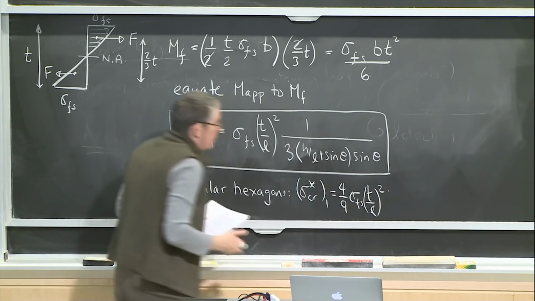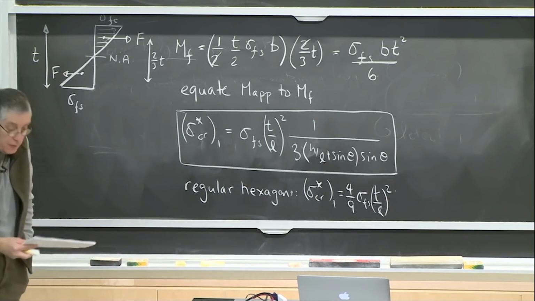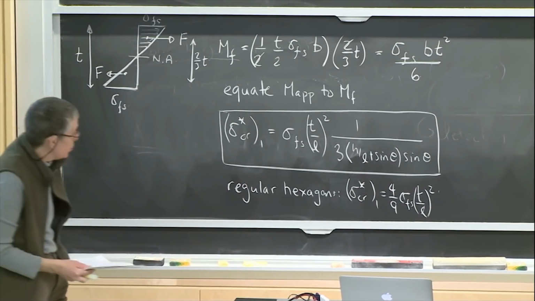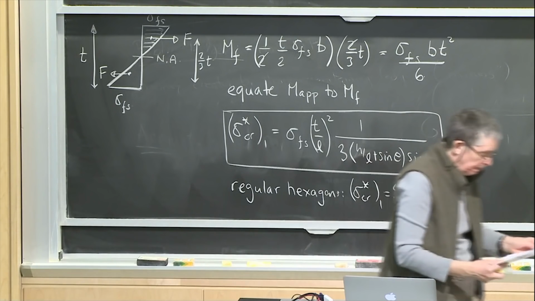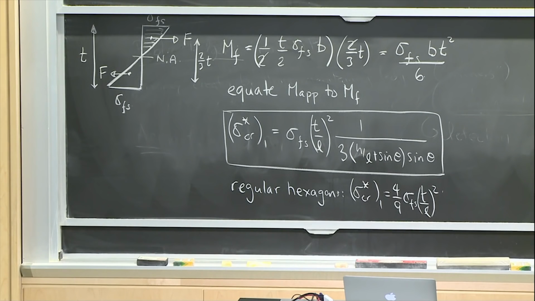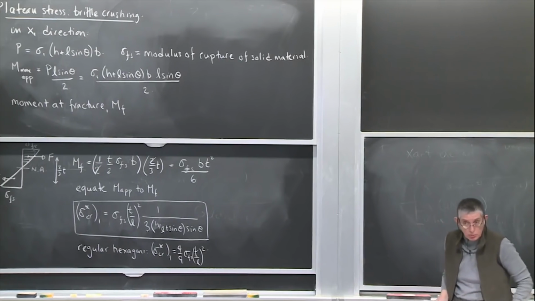And for regular hexagons, it works out to 4/9 of the modulus of rupture times T over L squared. Okay, are we good?